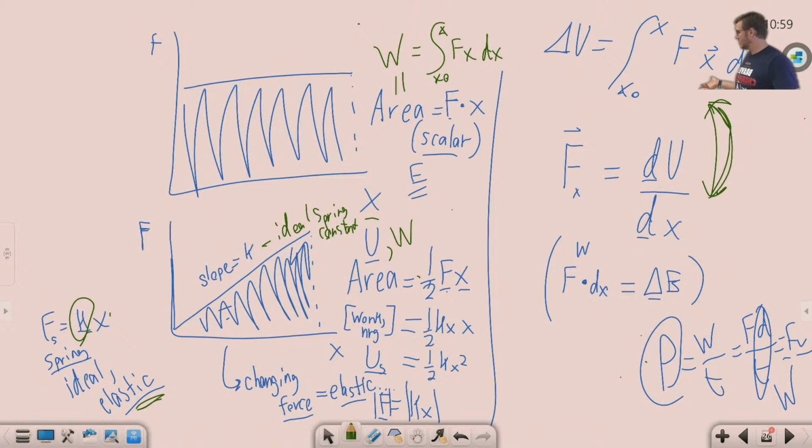Well, what did we say F is equal to of an elastic object? F is equal to Kx, right? So if the area is 1/2 the F value times X, and F equals Kx, can we not substitute it in? Yes, we can. So 1/2 Kx times X. Oh, wait, 1/2 Kx squared.